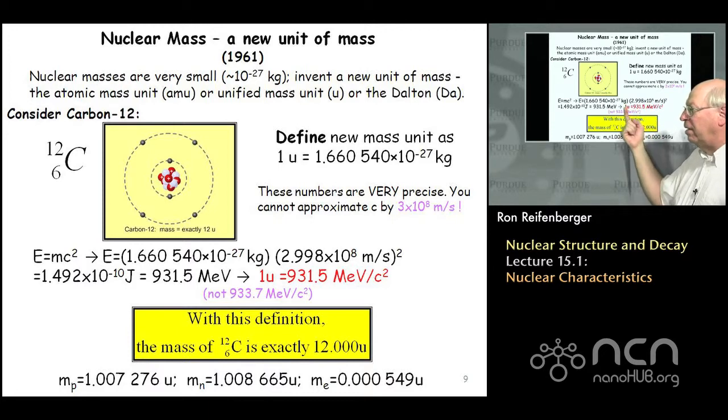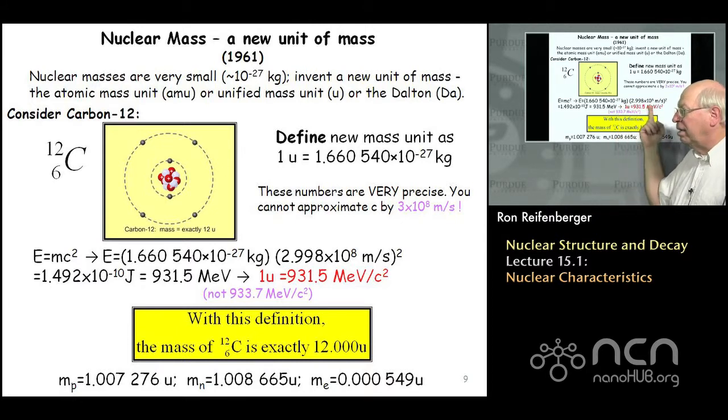And when you do that, you find out that one unified mass unit is equal to 931.5 million electron volts divided by c squared, okay? If you happen to use 3 times 10 to the 8th meters per second, this conversion would give you a number about 933.7, right? So this is wrong. The 933.7 is wrong. This is the accepted value.